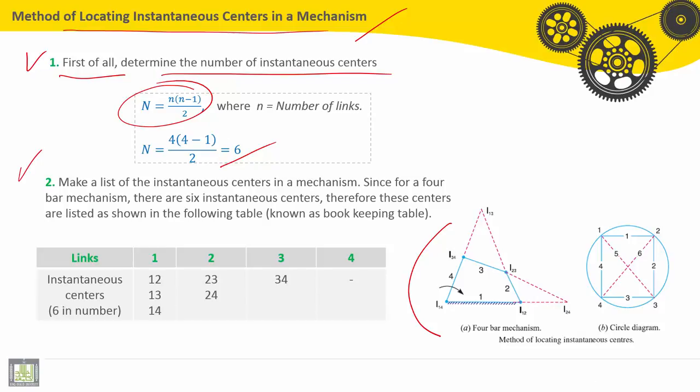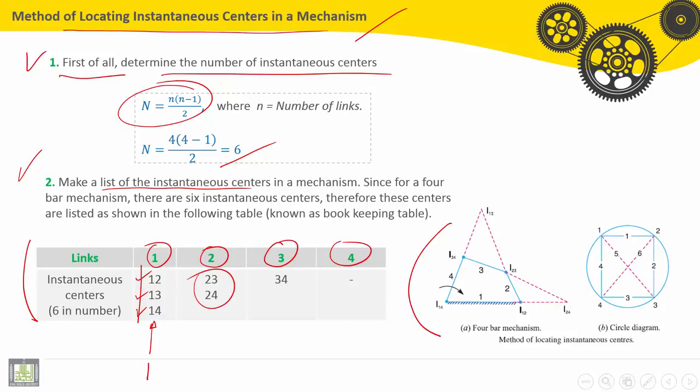Second, we have to make a list of these instantaneous centers of rotation. We have 6. Using this table, we list the links 1, 2, 3, 4. For the first link, we have I12, I13, I14, all of them starting with 1.